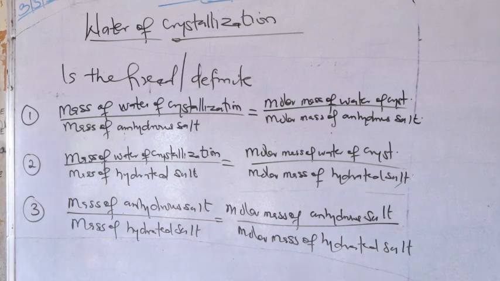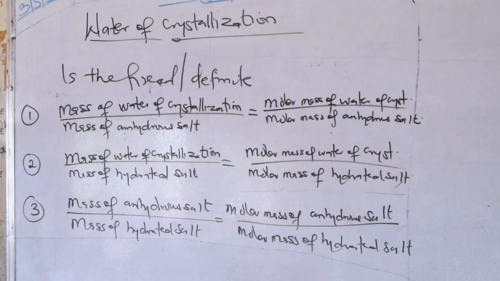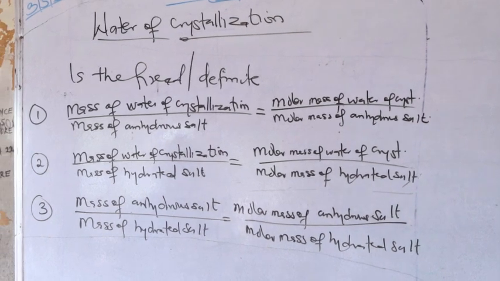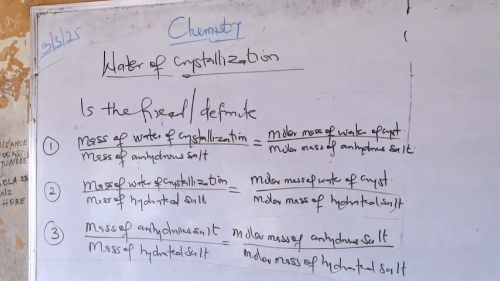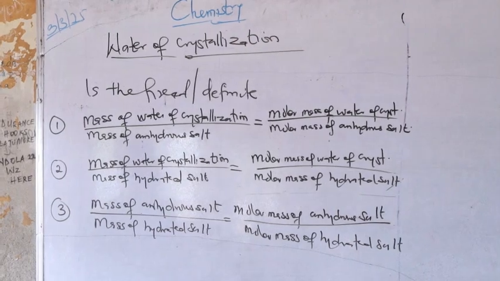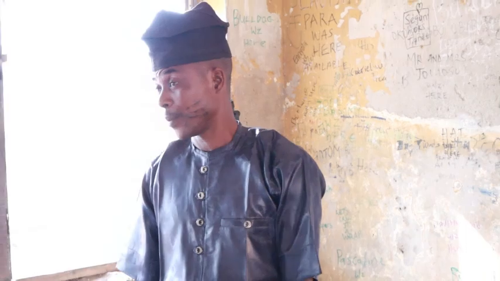Number 2 is appropriate. That means you are telling all the 3 appropriate. You can use any of them to get the answer. Now use number 1. You can as well use 2 and 3.